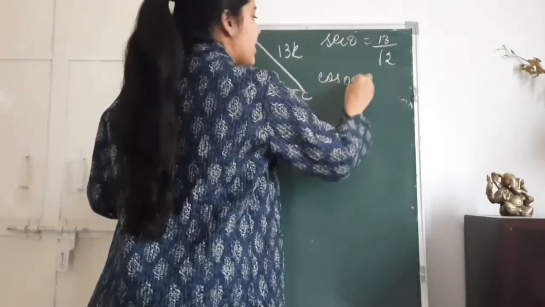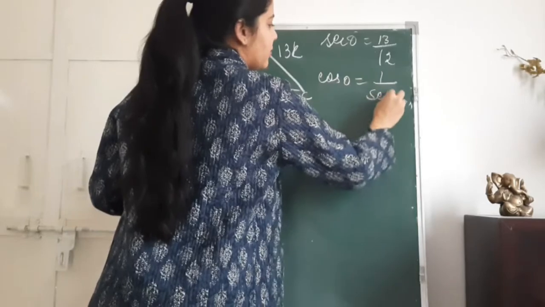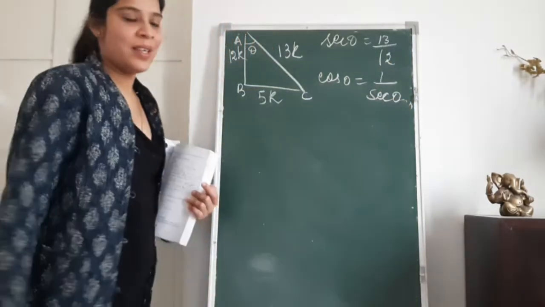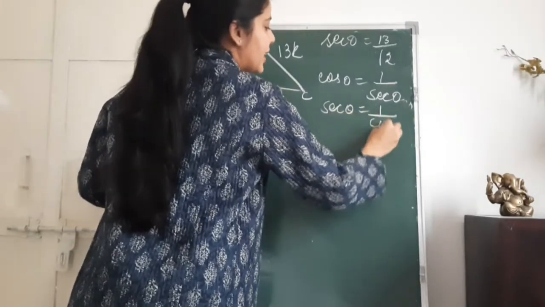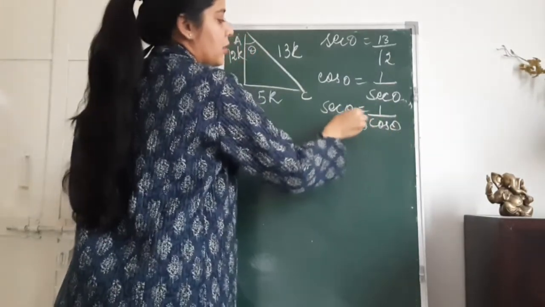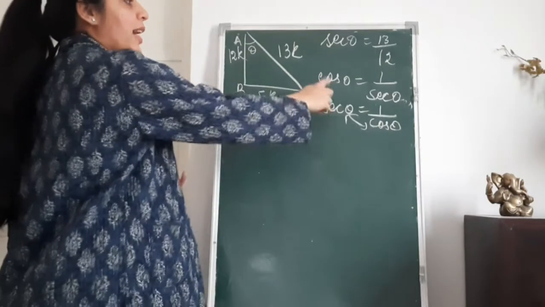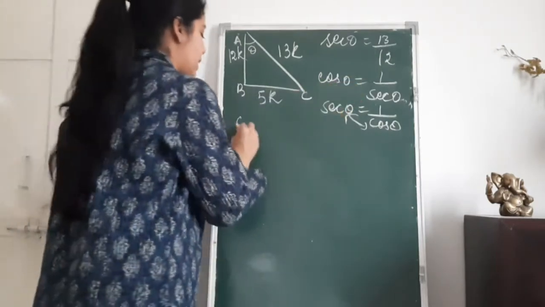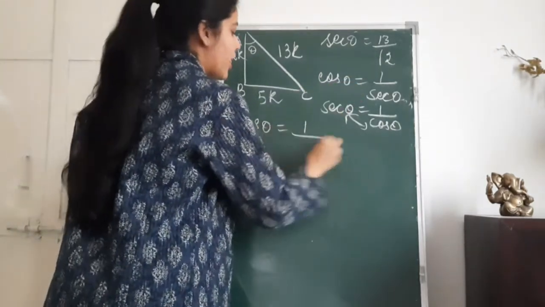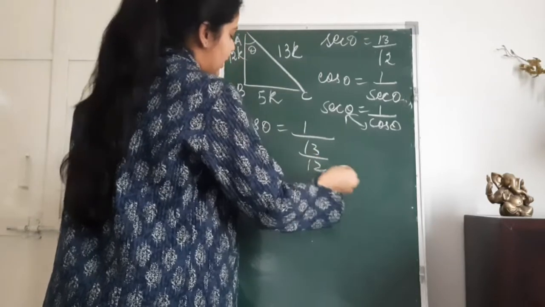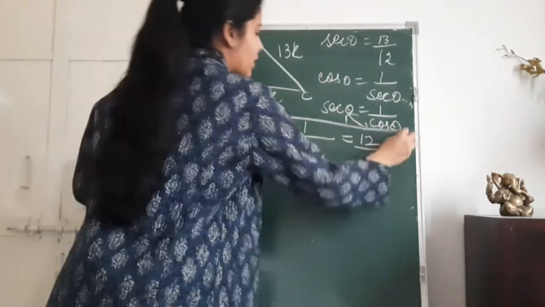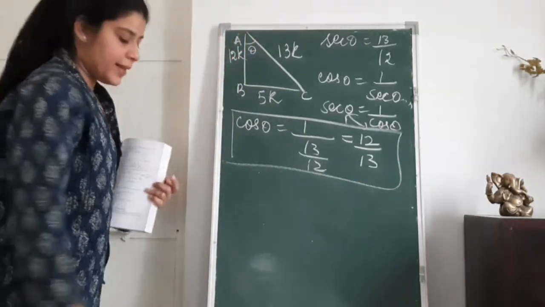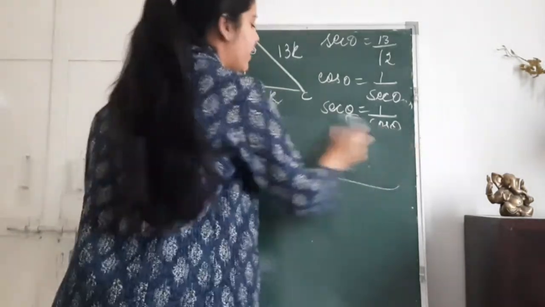Cos theta is just the reciprocal of sec theta, because sec theta is 1 upon cos theta. So cos theta is equal to 1 upon sec theta, which is 1 upon 13 by 12. That gives me cos theta as 12 by 13.